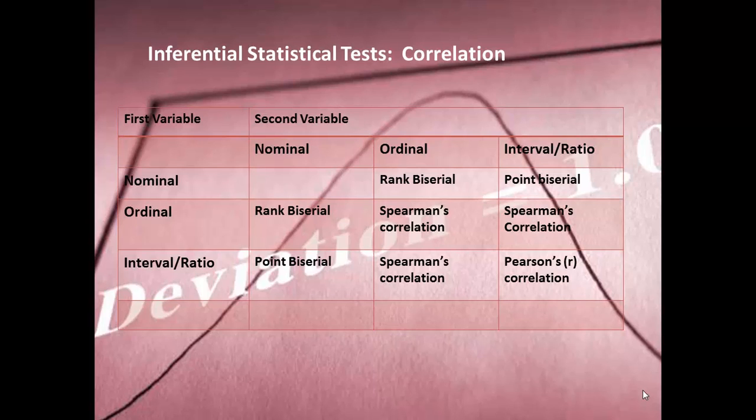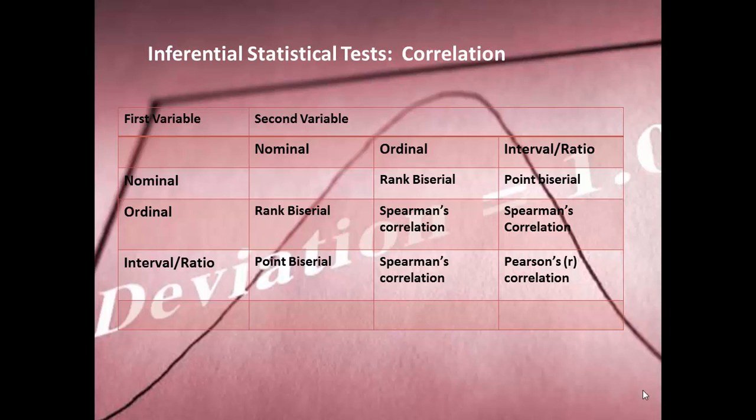In addition to descriptive statistics, we also have inferential. And you can guess inferential statistics are those that help us to make inferences or draw some conclusions about a statistical test. One type of inferential statistic is correlation. Sometimes we want to know if items are related to each other.